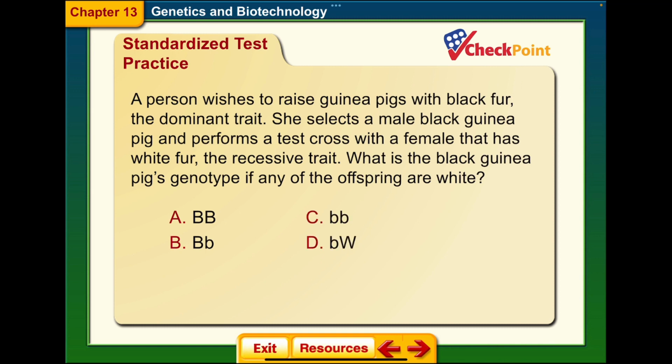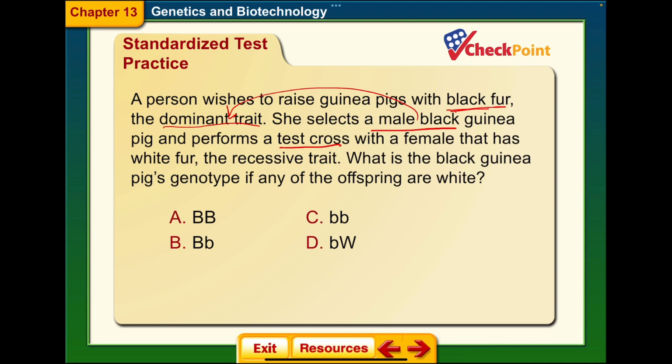Next question. A person wishes to raise pigs with black fur, the dominant trait. So black fur is dominant. She selects a male black pig and performs a test cross. Well, if we have a male black pig, that means it has the dominant trait.